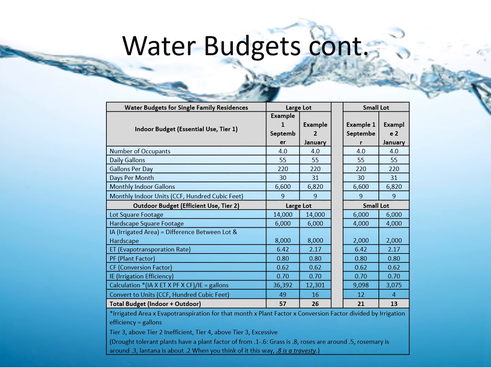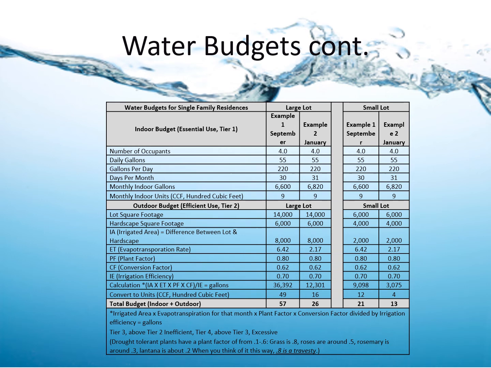So now we're going to calculate this. I have the calculation in parentheses, and I also have it written out in the little starred area. We're going to take irrigated area, which in this case is 8,000 square feet, times evapotranspiration for that month, which is 6.42, times the plant factor, which I set for grass at 0.8, times the conversion factor, because we're going to change inches of water to gallons, all divided by irrigation efficiency.